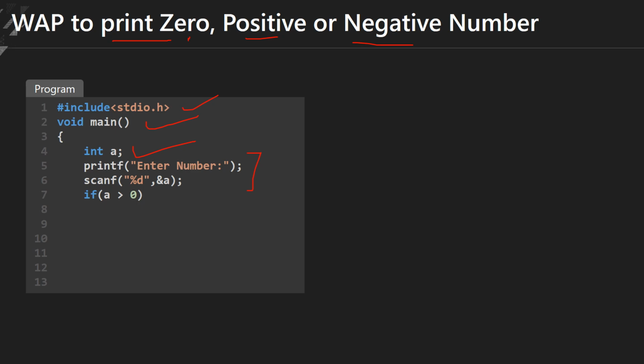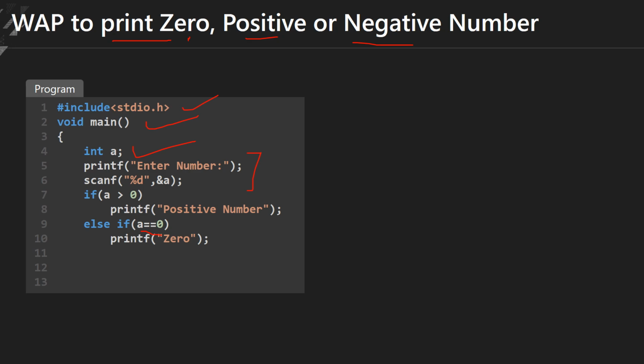If a is greater than 0, then it is a positive number. Else, if a is not greater than 0, then else if you check that a is equal to 0, print the given number is 0.